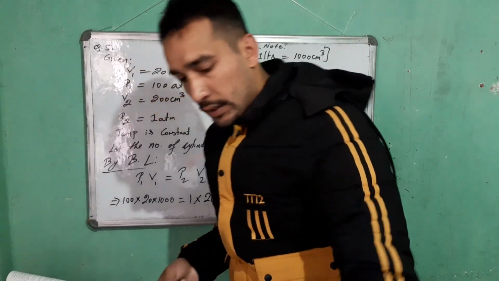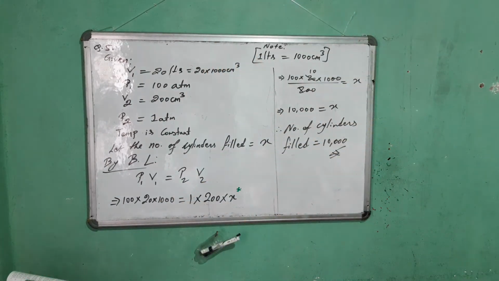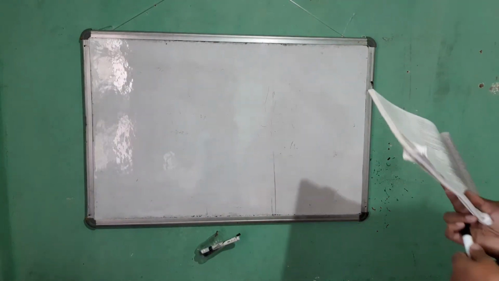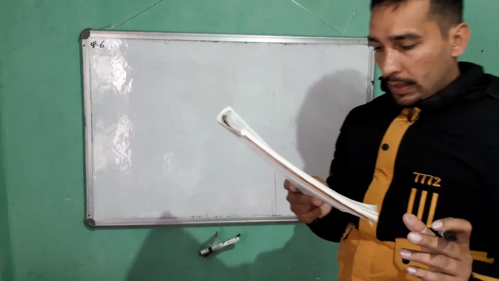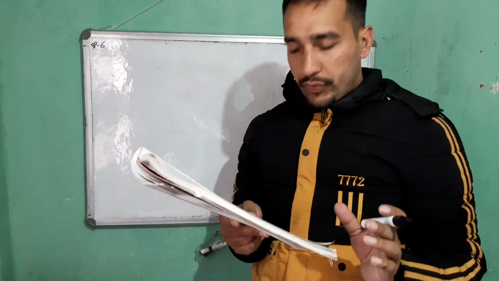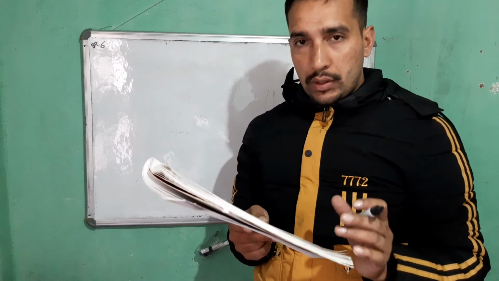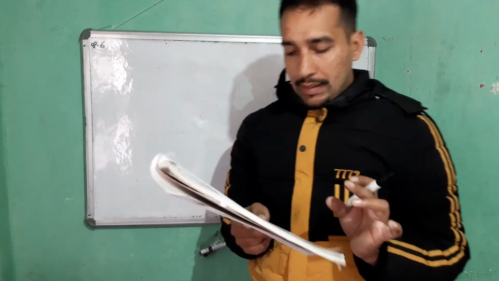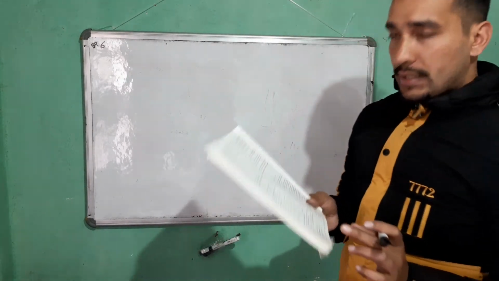Now next, question number 6. A steel cylinder of internal volume 20 liters is filled with hydrogen at 29 atmospheric pressure. If the hydrogen is used to fill a balloon, only one balloon, at 1.25 atmospheric pressure at the same temperature, what volume will the gas occupy?